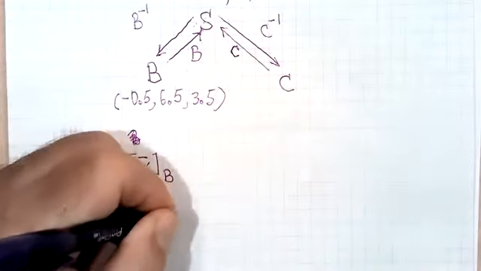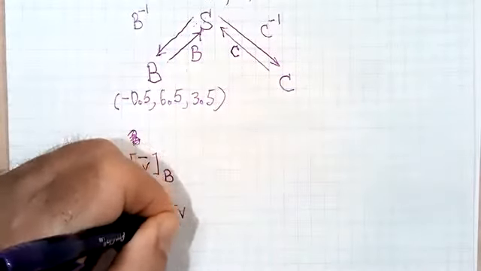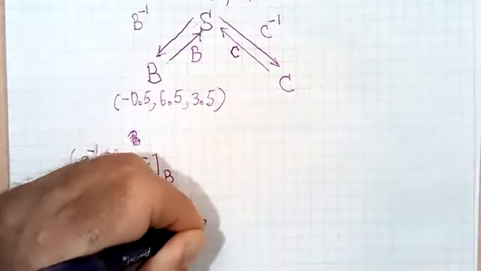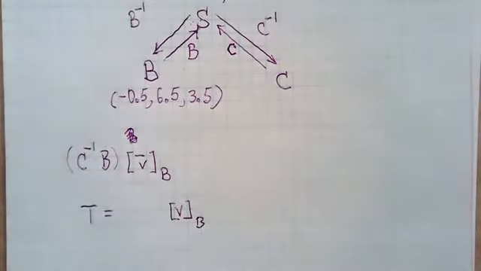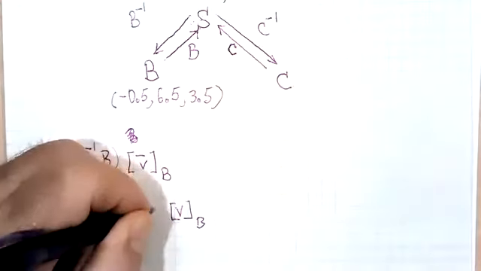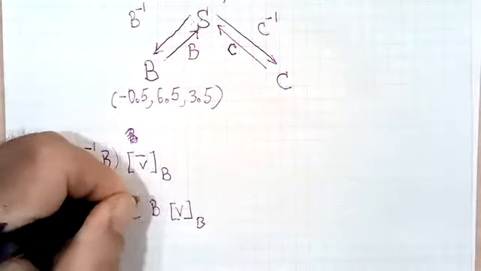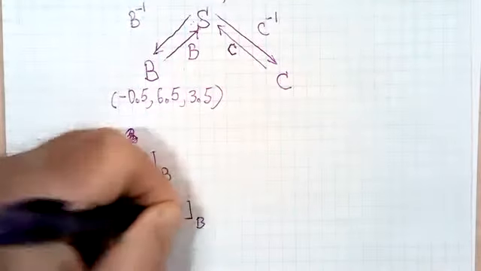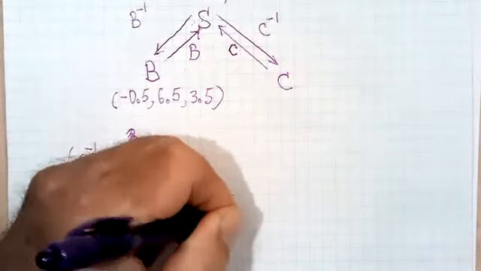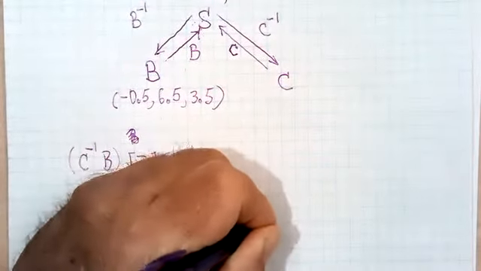You left multiply. Now remember, the way it's written looks backwards because we're left multiplying. You first multiply by B, then you multiply by C inverse. And the result will be the coordinates in C.